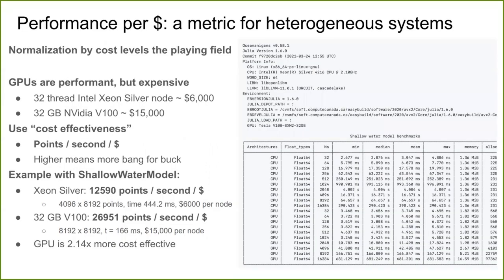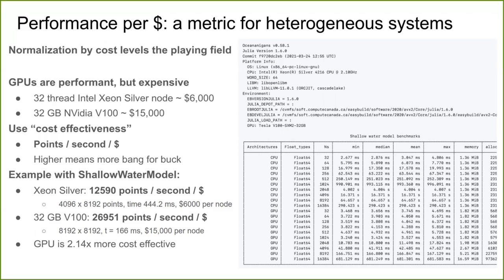An interesting idea that we're playing with is we know that GPUs can be faster. We also know GPUs can be a lot more expensive. In particular, a 32-thread Intel node can be around $6,000, whereas a 32-gigabyte NVIDIA V100 is around $15,000. So we're trying to define the idea of cost effectiveness, thinking about points per second per dollar. The higher, of course, means more bang for your buck.